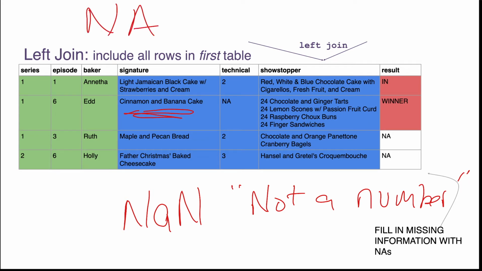the terminology that not available, NA, is not the same thing as not a number, NaN. Okay? They are not the same. Sometimes you will see a null for something that is both, right? Nulls just mean we don't have a good value here.